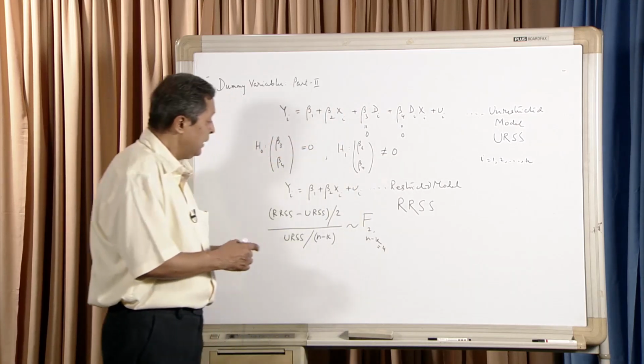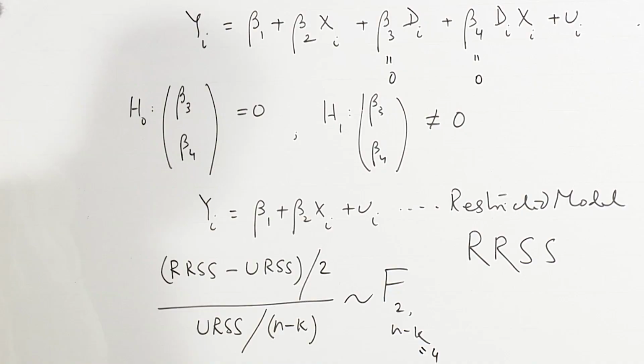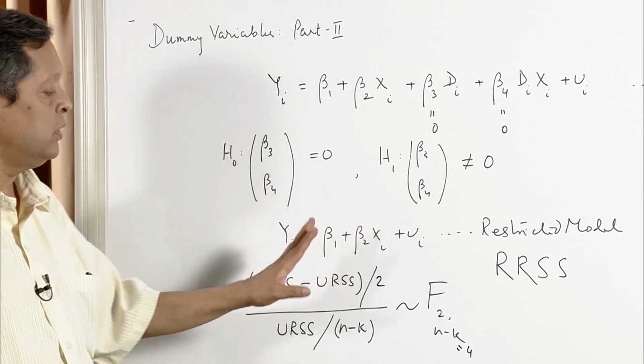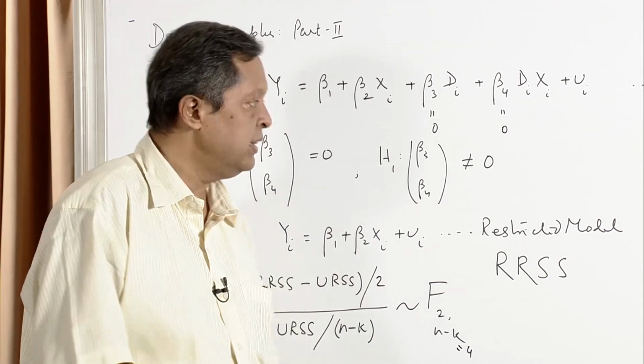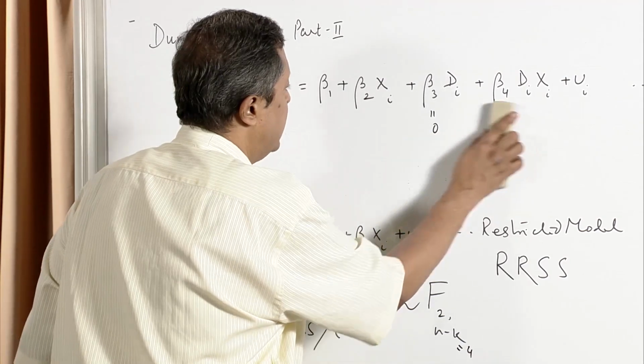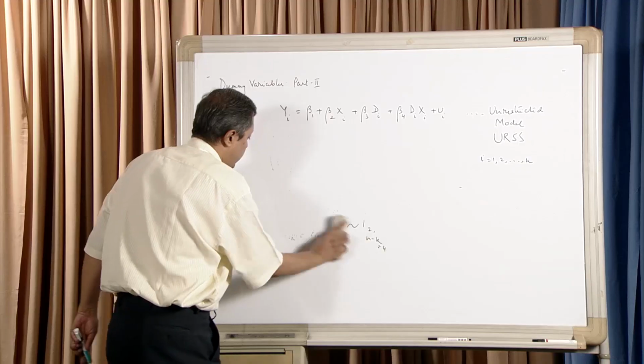Now, if we reject the null, that means beta 3 and beta 4 are not both equal to 0. That really means that we have two different regressions, one for the peacetime, the other for the wartime.